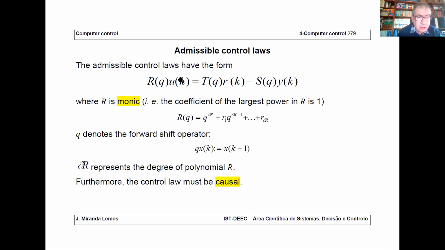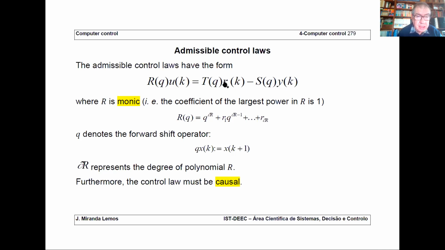And so on the left, we have only a linear combination of U and its shifted values, U of K and these shifted values. Then this must be equal to some polynomial T of Q, filtering the reference. Now this is the reference, okay?